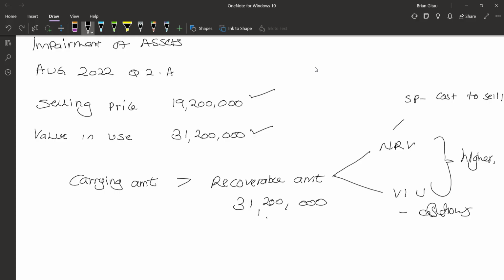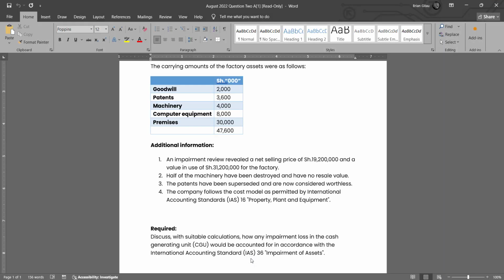Let's proceed. We now need to check the carrying amount of that asset. Going back to the question, the carrying amount is the book value, and when we add all the components of the cash generating unit, which includes the goodwill, the patents, the machinery, the computer equipment, and the premises, they give us a book value of 47.6 million.